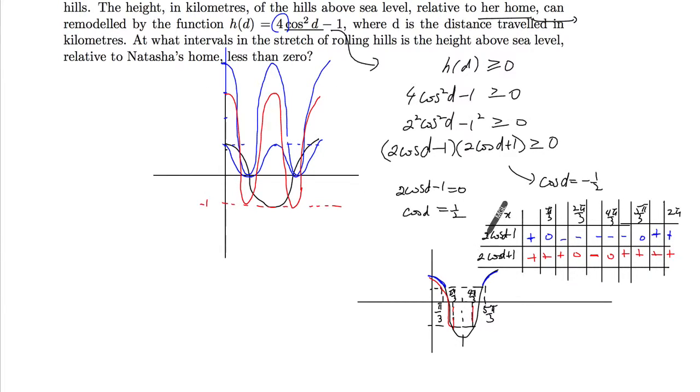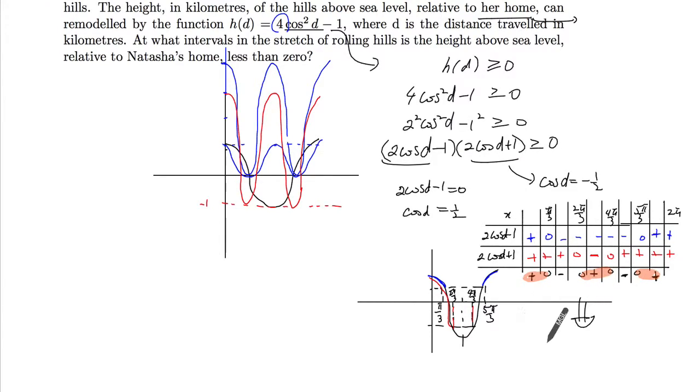Because I want to know when you multiply these two factors, do we get 0 or positive? It's zero wherever there's a 0. Here is positive, negative, and positive. We want positive or equal to 0. So this is our answer, that's our answer, and this is our answer.